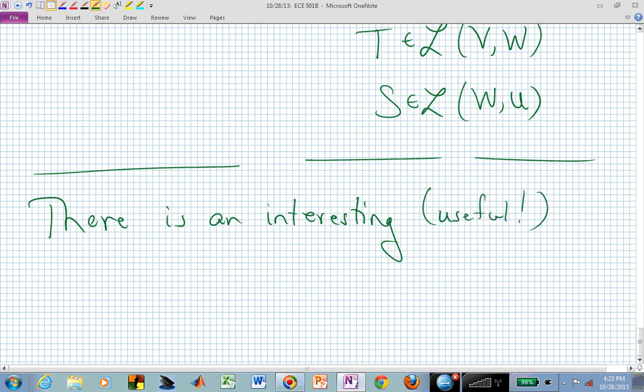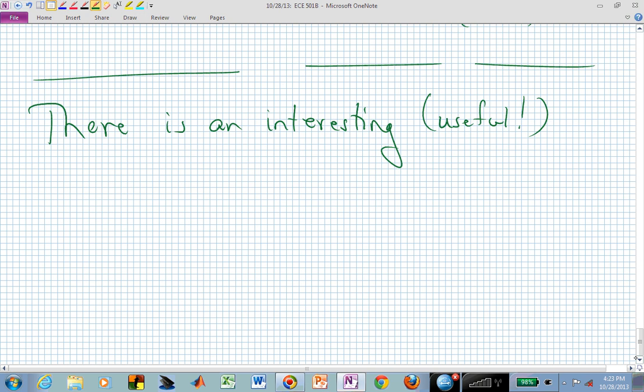Maybe you don't find this interesting, but you should if you're in this class, right? So now what are some of these relationships between these different maps and their ranges and null spaces, etc.?